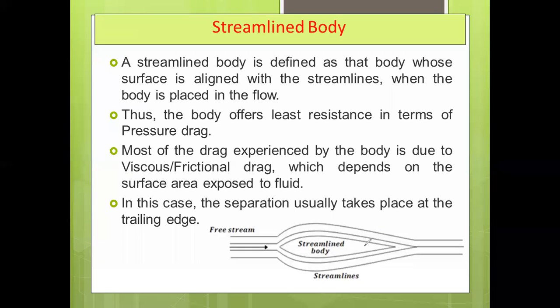The streamline direction is like this, and the object is also in the same direction. So we can say this object is a streamline body. A streamline body is defined as that body whose surface area is aligned with streamlines when the body is placed in the flow.